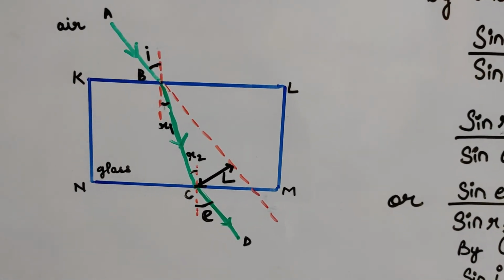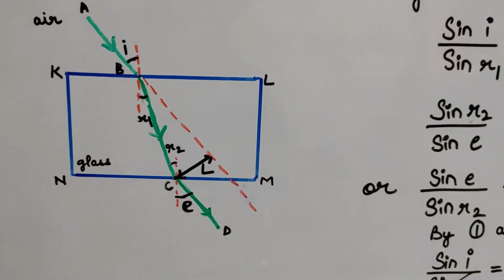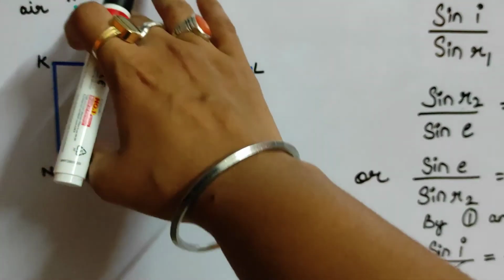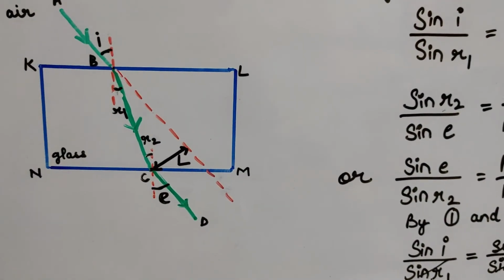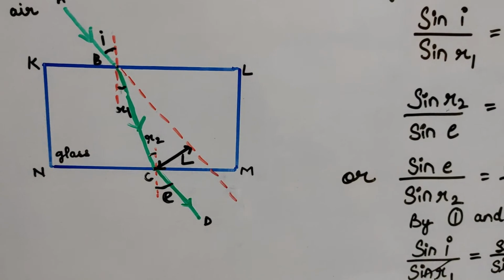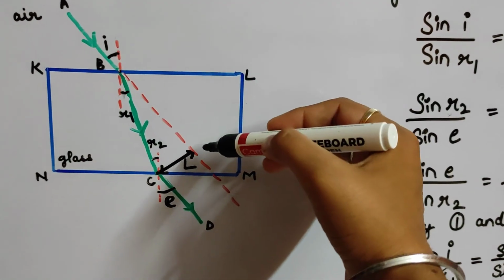Now we can see that this ray of light AB undergoes two refractions on passing through a rectangular glass slab.